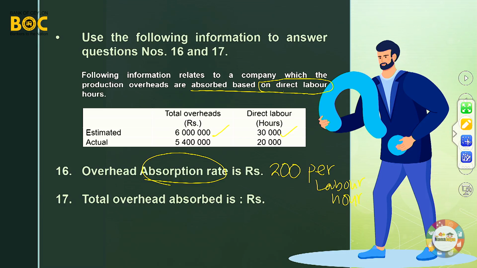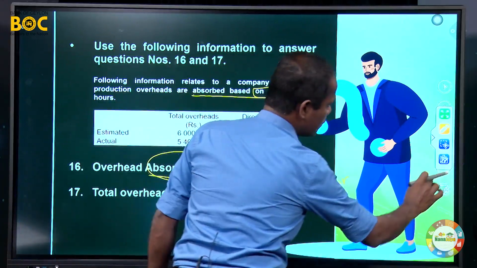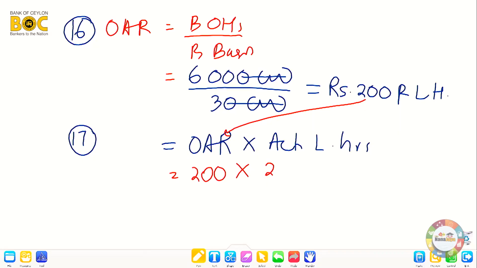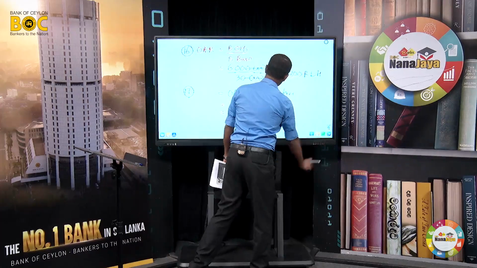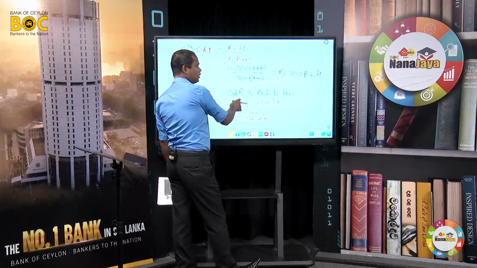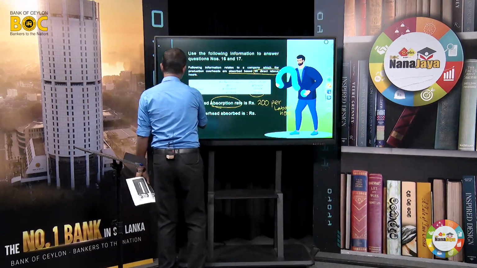Then how much are the actual labor hours? The actual labor hours are 20,000. To get the absorption rate into the actual basis, actual labor hours, you get 4 million rupees.